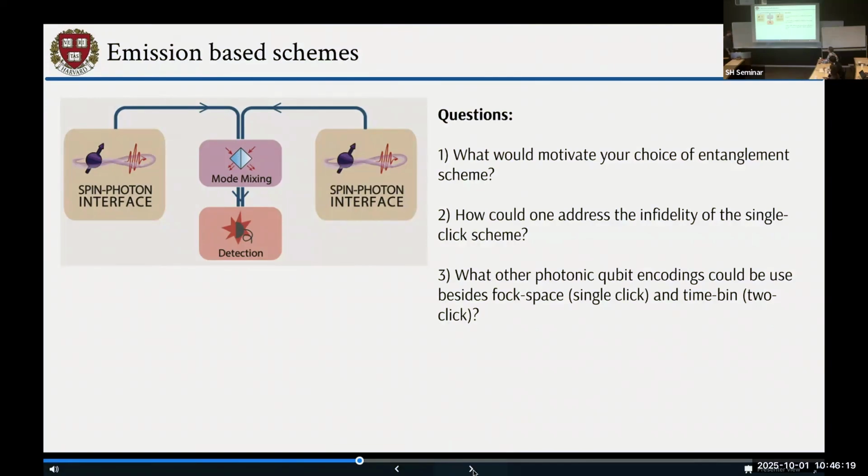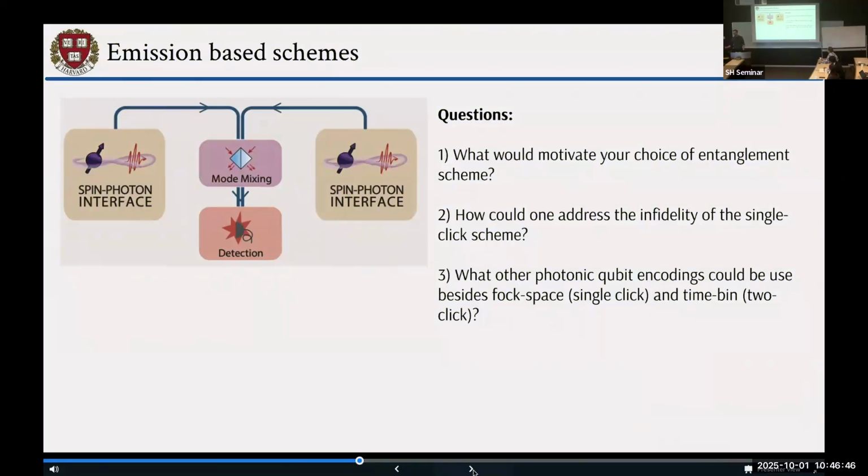One question, and it's not a super easy question, so just throw something out there. If you were an experimentalist that needs to design your system, keep in mind what hardware you're actually using, or if you're a theorist that needs to give input to an experimental group, like, I think you should do this scheme, what factors would you take into account to see which scheme you would go for?